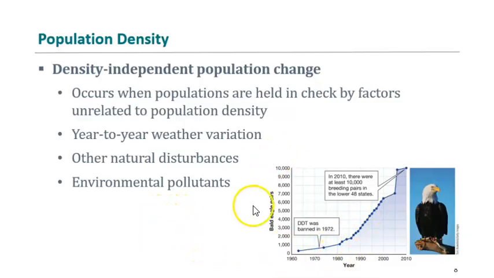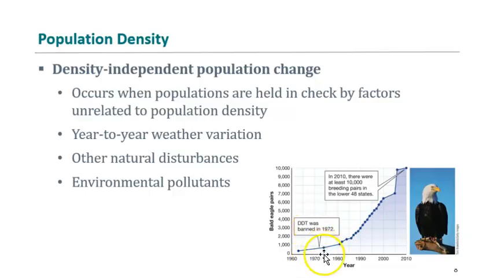Here we see in this example the bald eagle pairs, and it's looking at the eagle population over time. So you can see when DDT was first put into effect, the eagle population was very low because it affected the eggshells of the eagles. They were very fragile and they would break, and therefore the young would never survive.